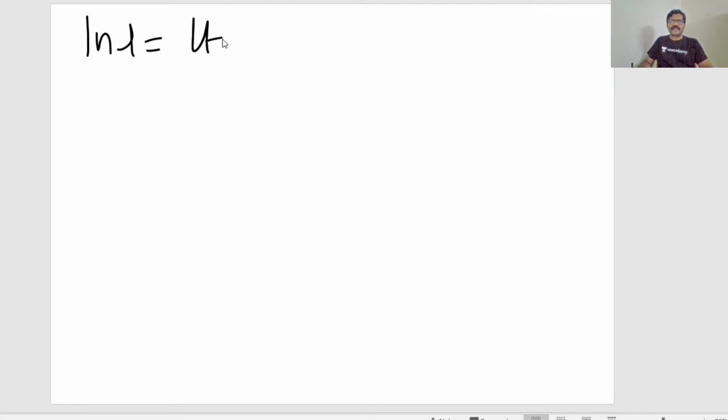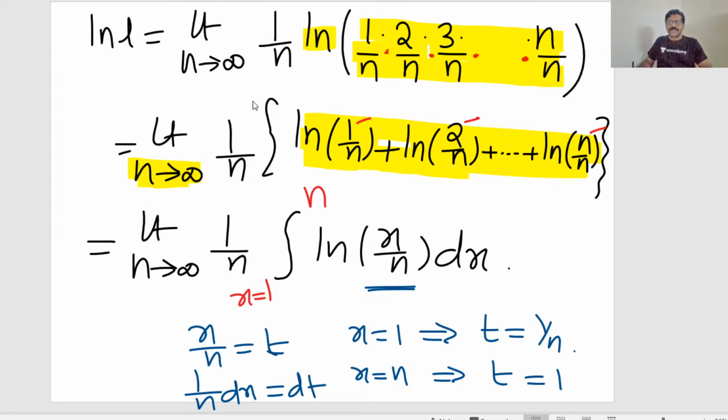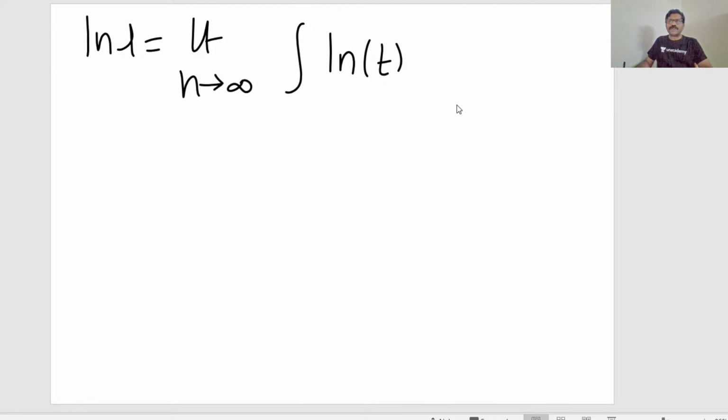Log L equals limit n tends to infinite integral of log t. Here 1 by n dx is nothing but dt, so I am going to write dt here.